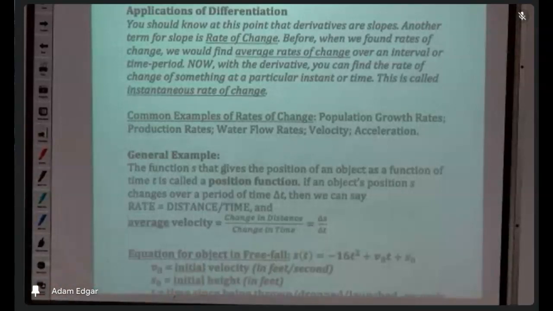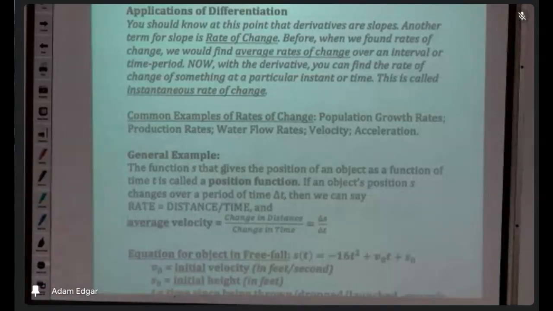Now, it's not always like position and velocity. Sometimes it's population growth rates, which you'll do if you're a biologist, for fruit flies and bunnies and fun things like that. If you're a demographer, you're doing that for humans, and you're looking at birth rates and death rates and immigration rates and how the population is growing over time for a country or a state or a city.